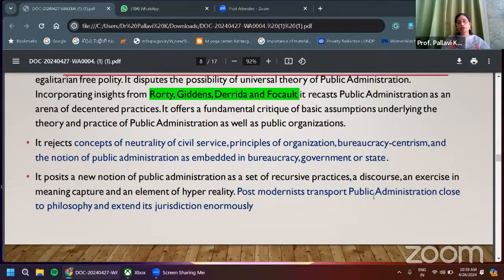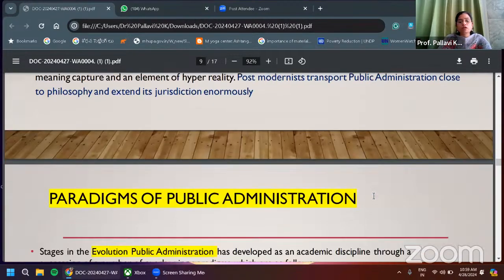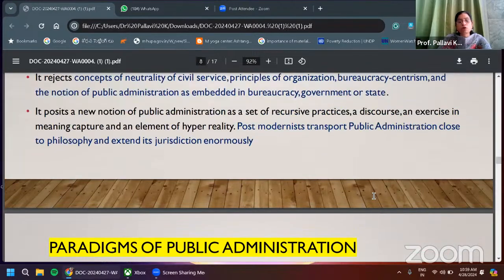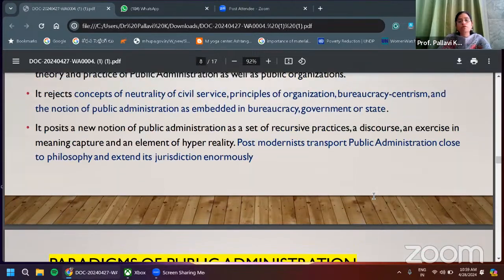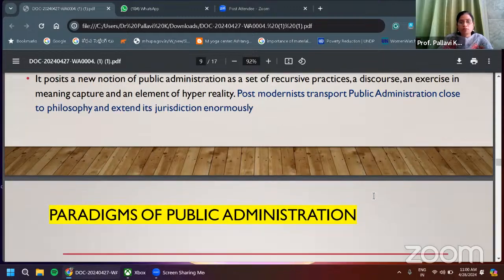Public administration is embedded in the bureaucracy. All these aspects they have totally rejected, and they have said that public administration is possible only when the state withdraws and the market enters, and then only is it possible to meet the needs of the people. That is the main notion of postmodernism.